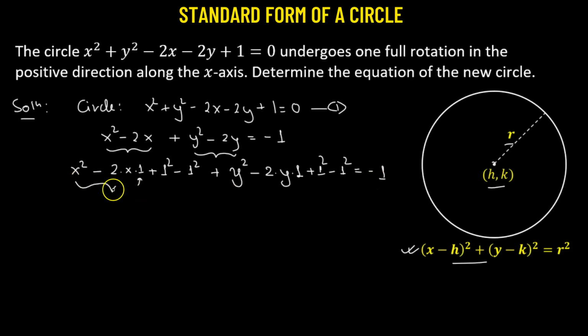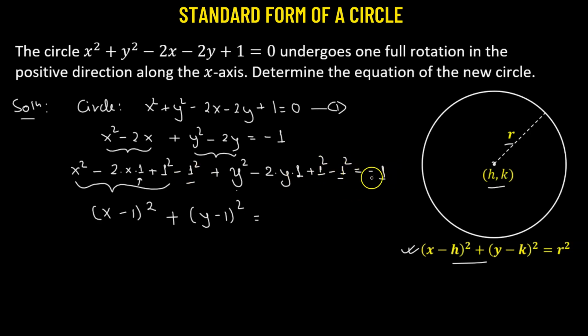Now immediately we get a formula, x squared minus 2 times x times 1 plus 1 squared. This is nothing but the expansion of x minus 1 whole squared. Plus we have y squared minus 2 times y times 1 plus 1 squared. That is the expansion of y minus 1 whole squared. And finally, we're going to take the constants to the right hand side. So we get negative 1 squared, negative 1 squared. That's negative 2.